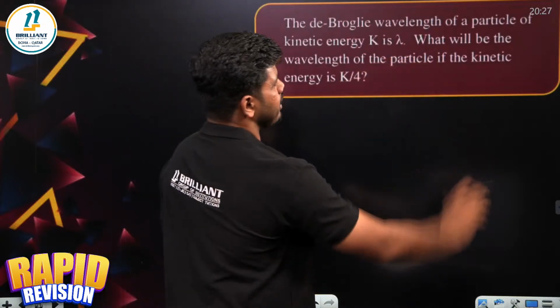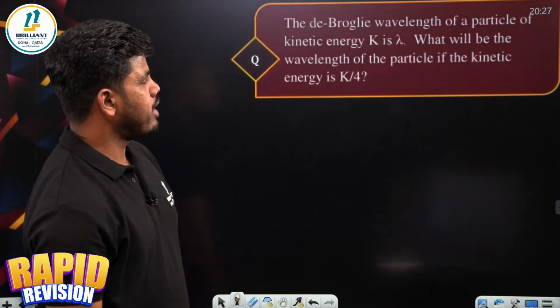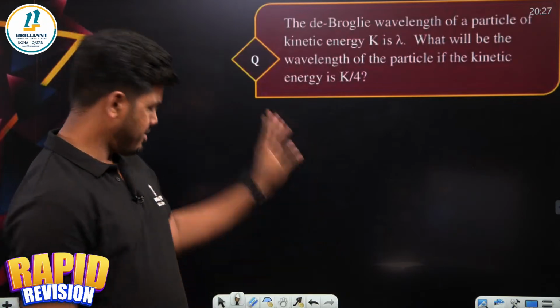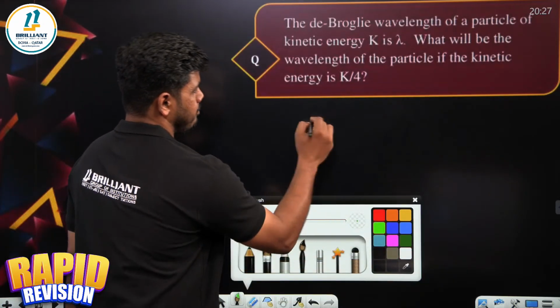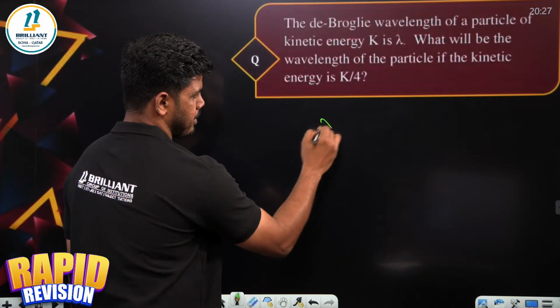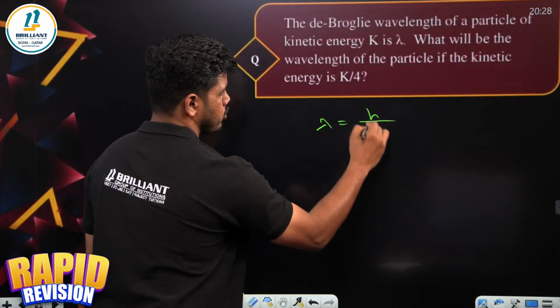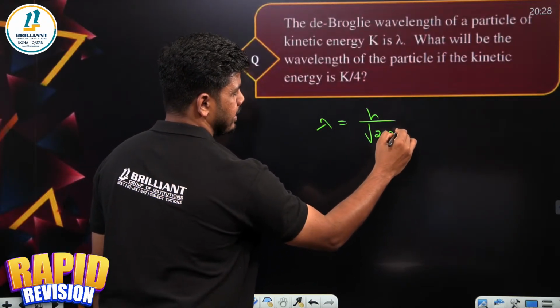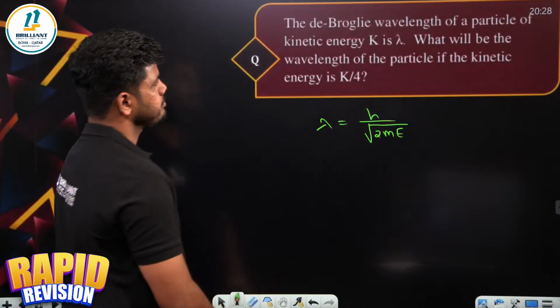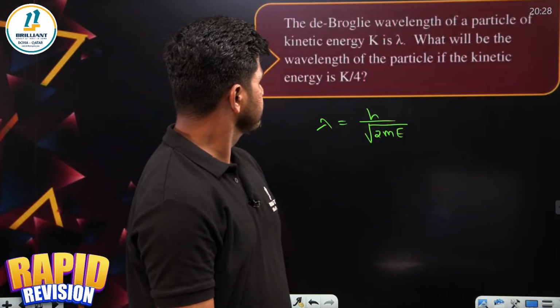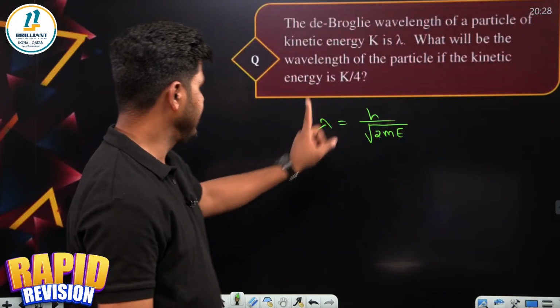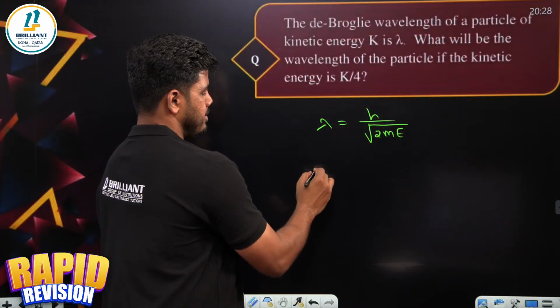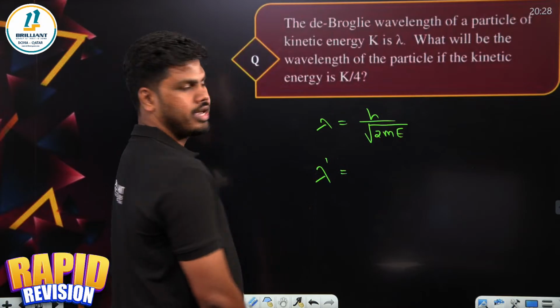Okay. Then what will be the wavelength of the particle if kinetic energy is K by 4? It's an easy question, we know. See, we have the wavelength lambda is equal to h by root of 2mE, right? This is the equation. It was lambda. Now what happens? Kinetic energy changes to K by 4.